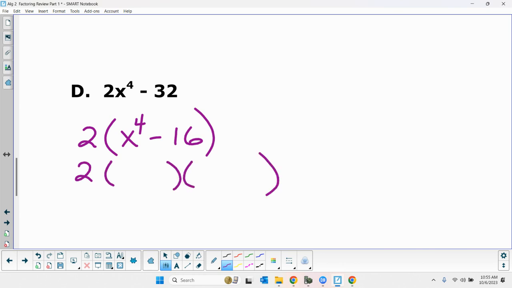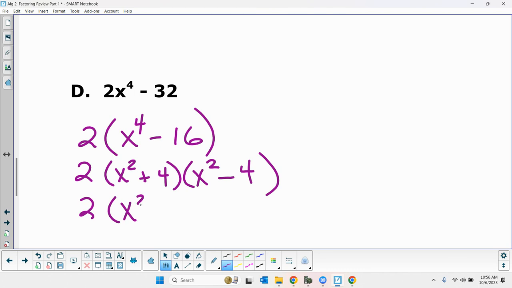What's the square root of x to the 4th? What's the square root of 16? Then what? We done? No. Is that a difference of squares? Difference of squares.